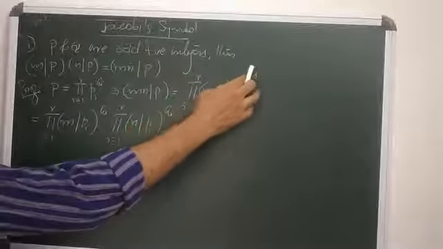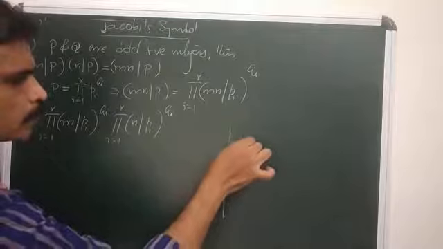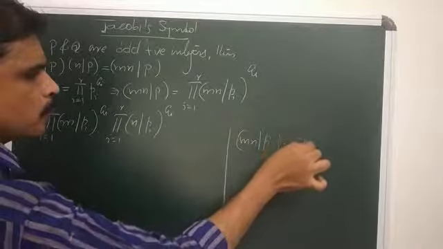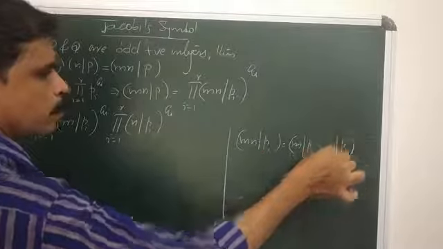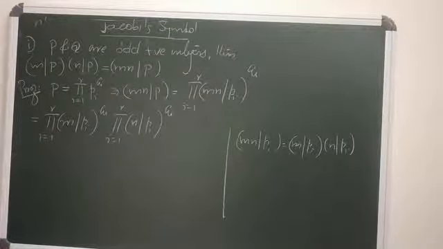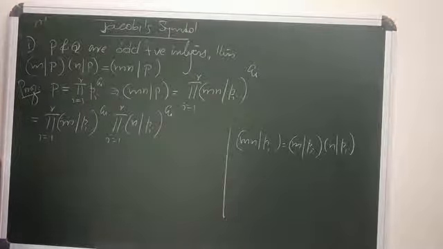Because we know that by the Legendre symbol, (mn/p_i) equals (m/p_i) into (n/p_i), because the Legendre symbol is completely multiplicative.